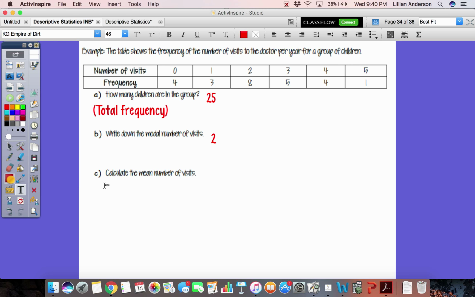Lastly, we have the mean. So that means we're going to multiply. Remember, the first step is we multiply our entries by our frequency. So that represents our number of visits times our frequency. And we are going to add all these up together because that's the second step. So I'm going to go ahead and type it out this way.